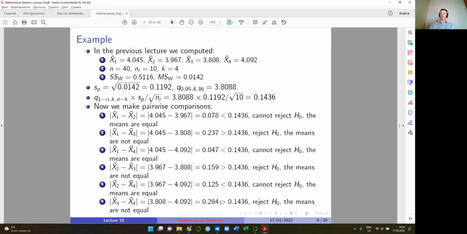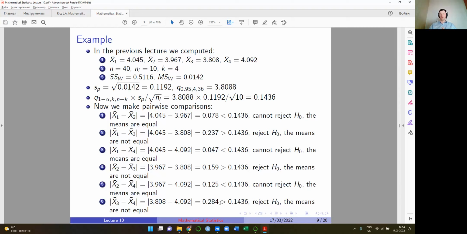We perform this Tukey test, and we see which group exactly differs from other groups. In this case, only one group is different, but in principle, you may have several groups that are going to be different from other groups.